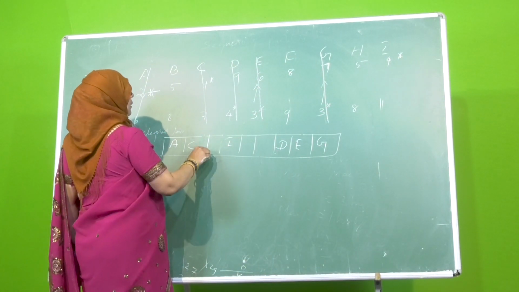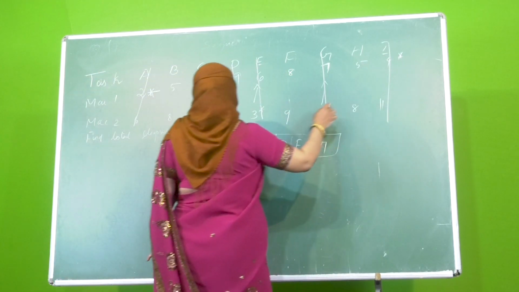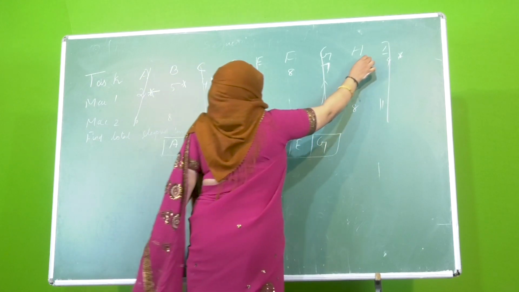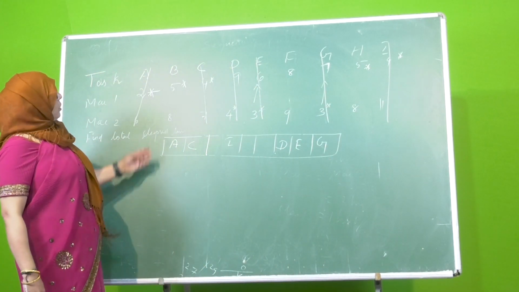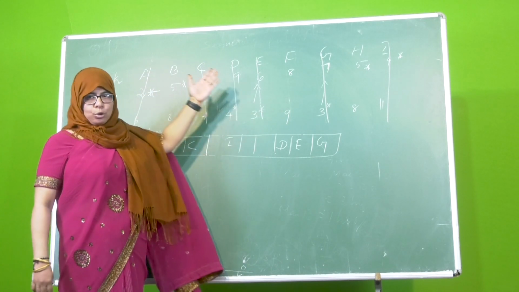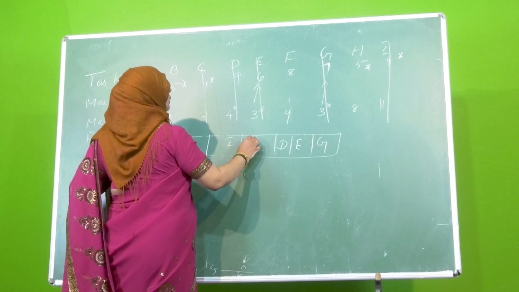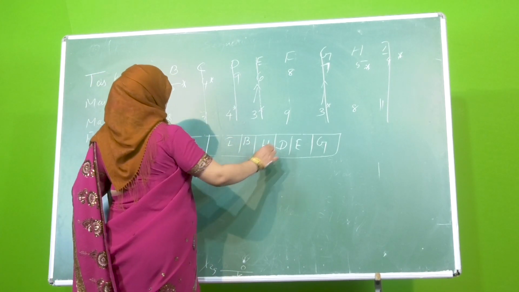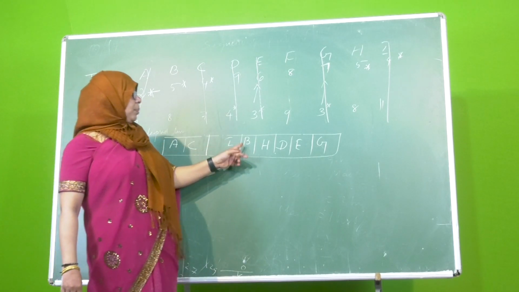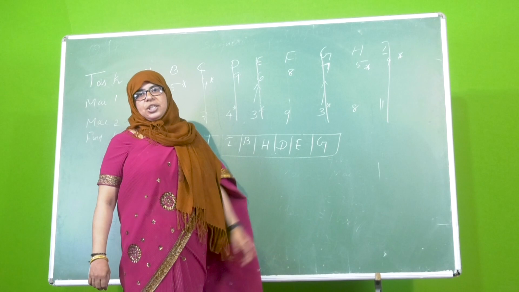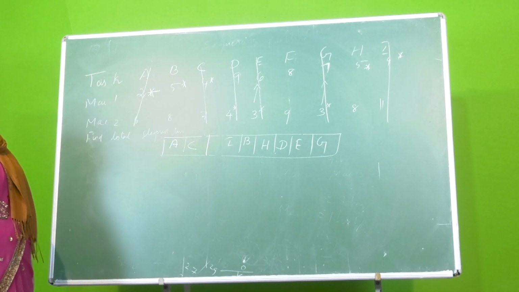So I. Okay. Another 5 in B and H. Our corresponding elements in 2 belong to 8. So you have to write anyone in the first, another one in second. So what is the order? A, C, I, B, H, D, E, G. This is the order of the given problem.